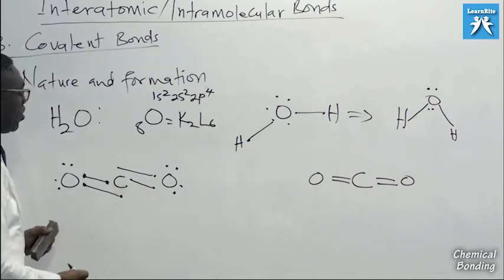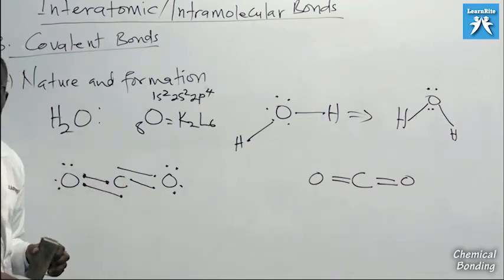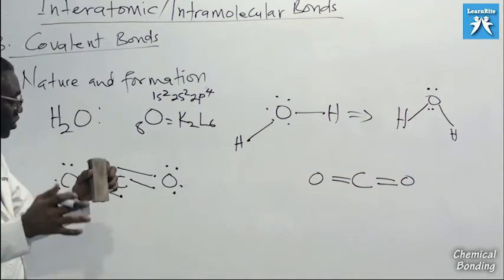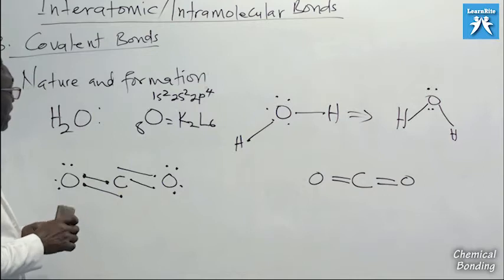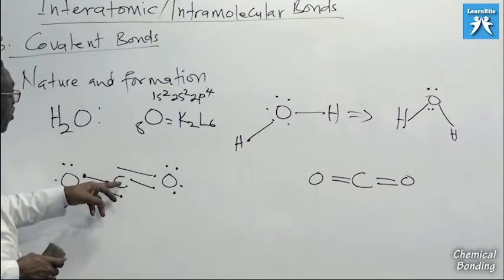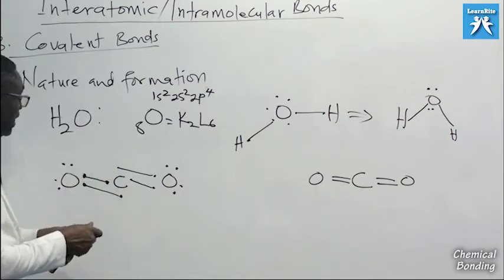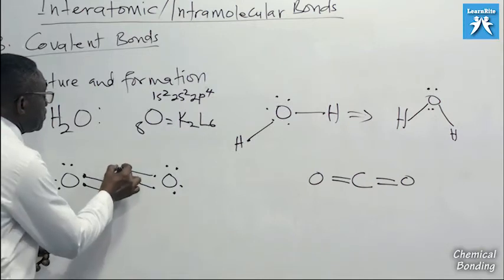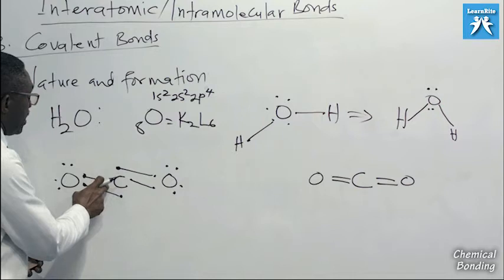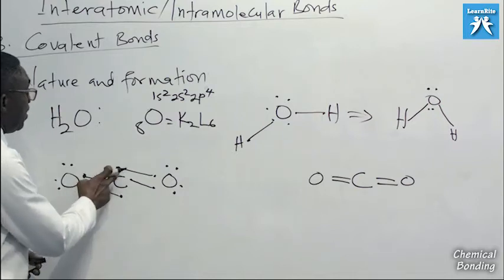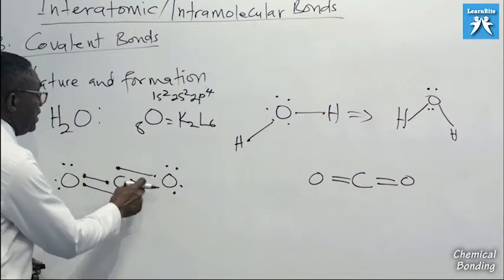And then if you look at carbon, carbon now will also be fully filled within the outer shell, because carbon would have shared its 4 electrons that existed in this outermost shell. So this carbon now has 1, 2, 3, 4, 5, 6, 7, 8.